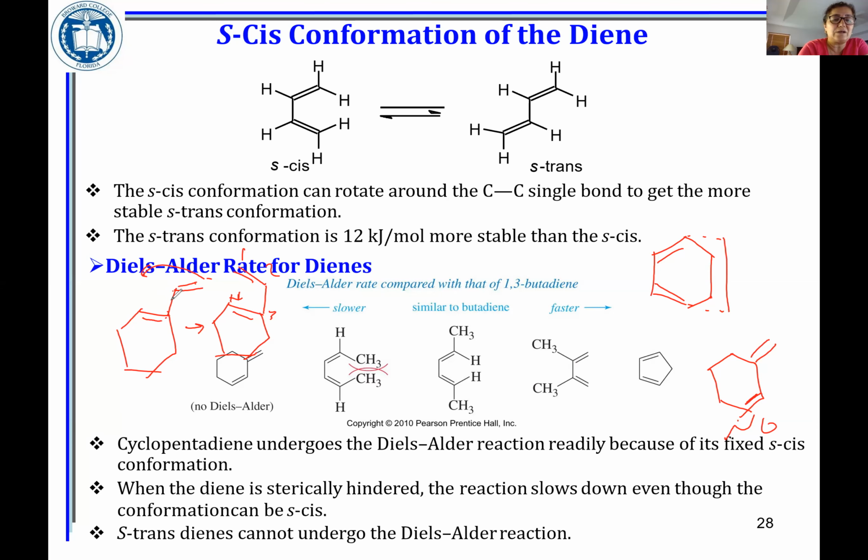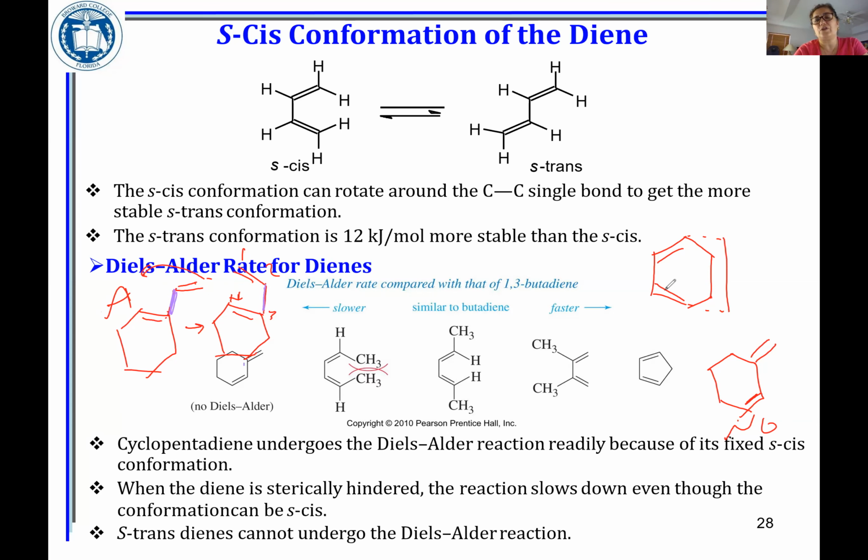But in this example right here, in example A, there is rotation around this carbon-carbon bond shown with a purple color. There's a possibility of rotation there. And when it does rotate, it changes to cis. But this rotation is not allowed because you cannot bend the cyclic system.